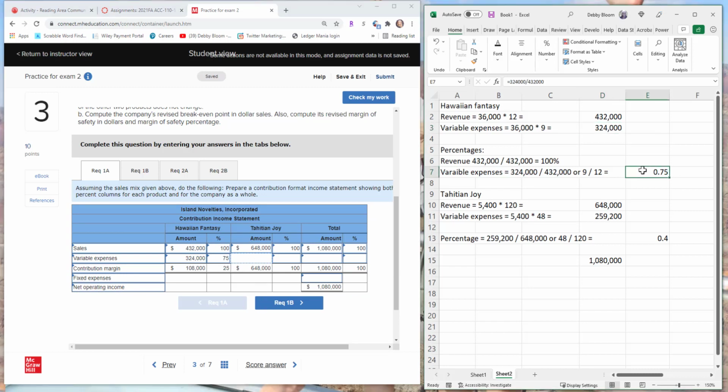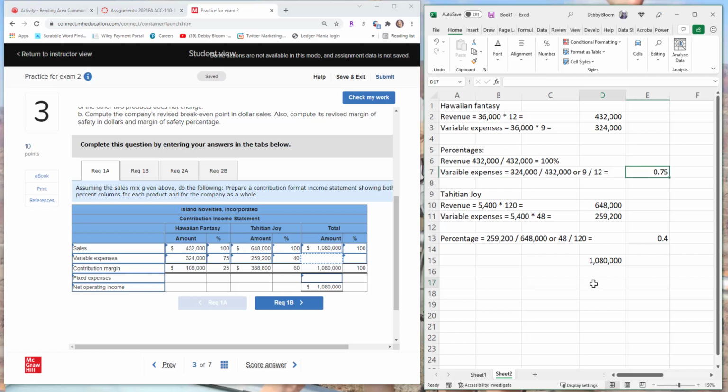I calculated that number right there: the 324 divided by the 432, or 9 divided by 12. For Tahitian Joy, my variable expenses were 259,200. And I calculated that my variable expenses were 40% of sales. So 40 is going to go right in here.